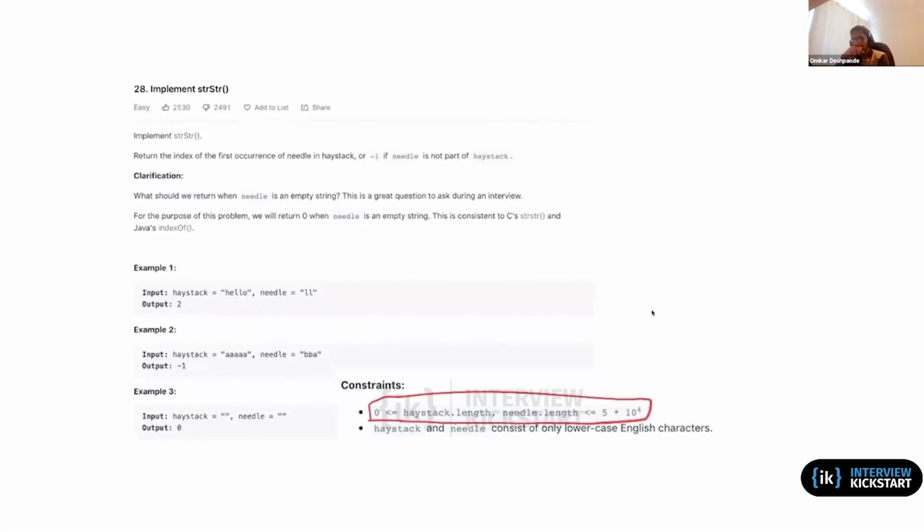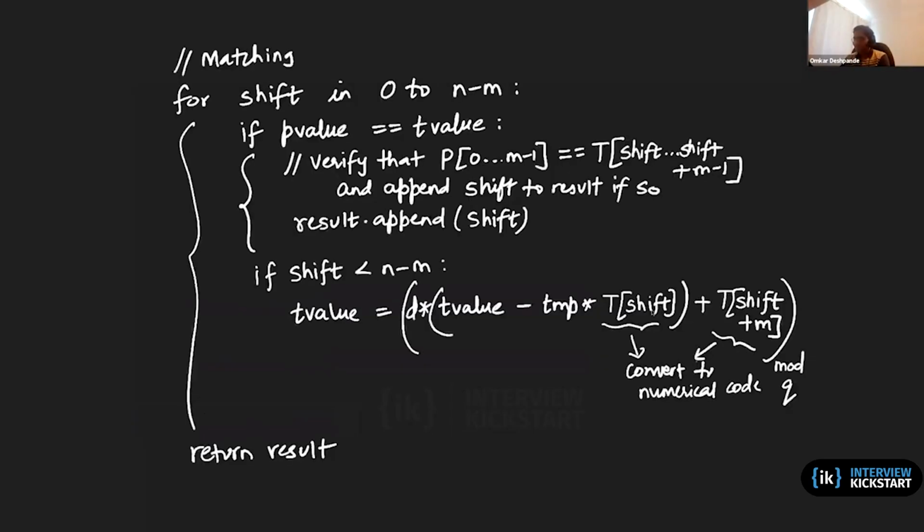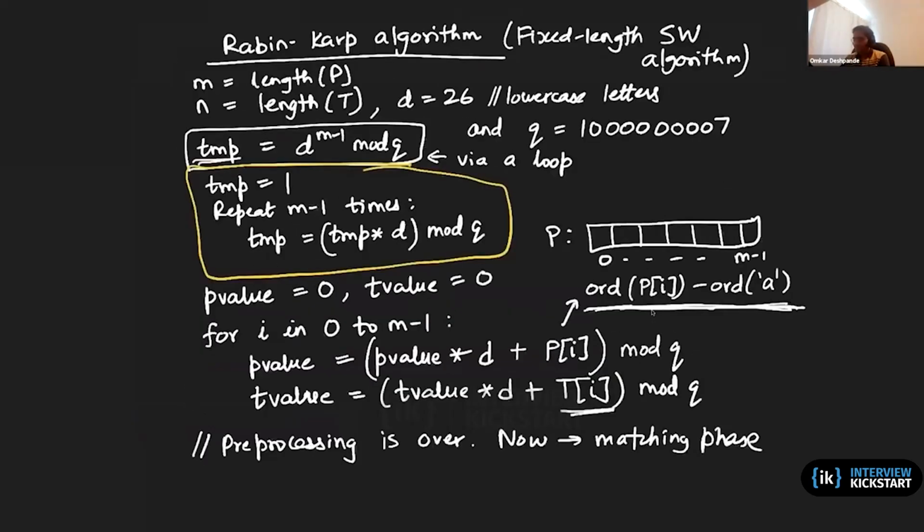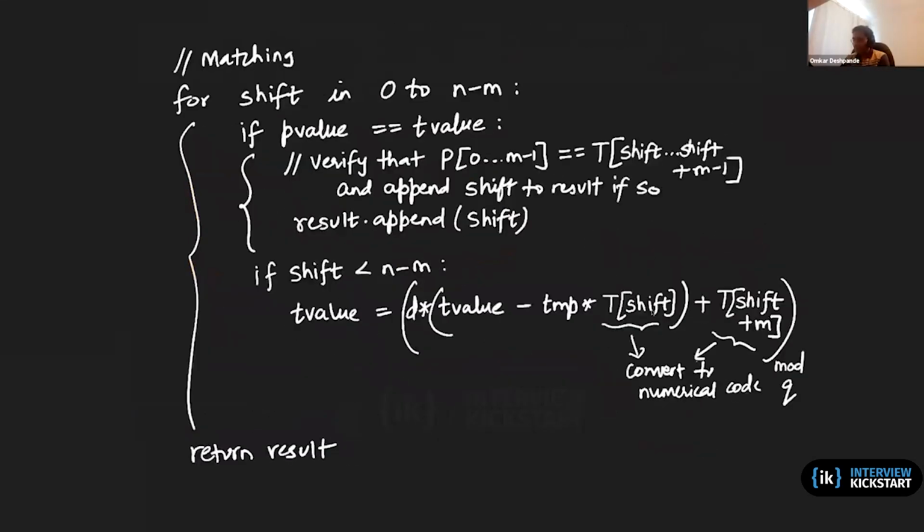Hi, Omkar. What is the semantic role of temp in that algorithm? The semantic role is just to avoid computing it over and over since it's used in every step. It's just the power of the base that is associated with the place value for the leftmost digit in the old window.